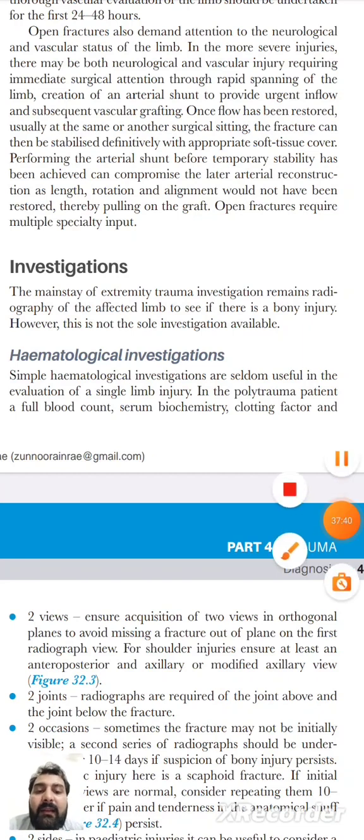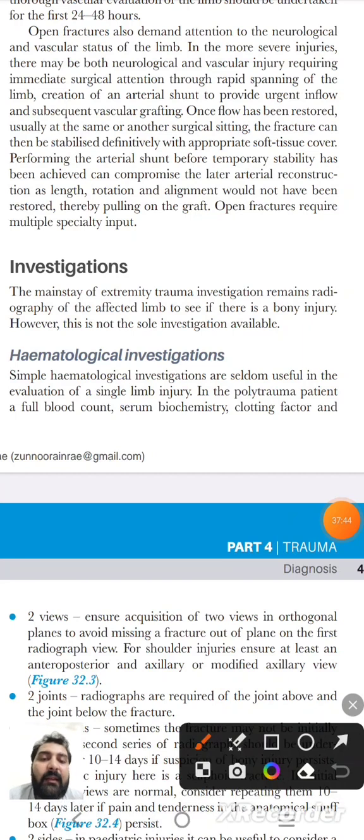For injury at the level of the wrist, if we want to re-implant the amputated hand, what will be the order of repair?